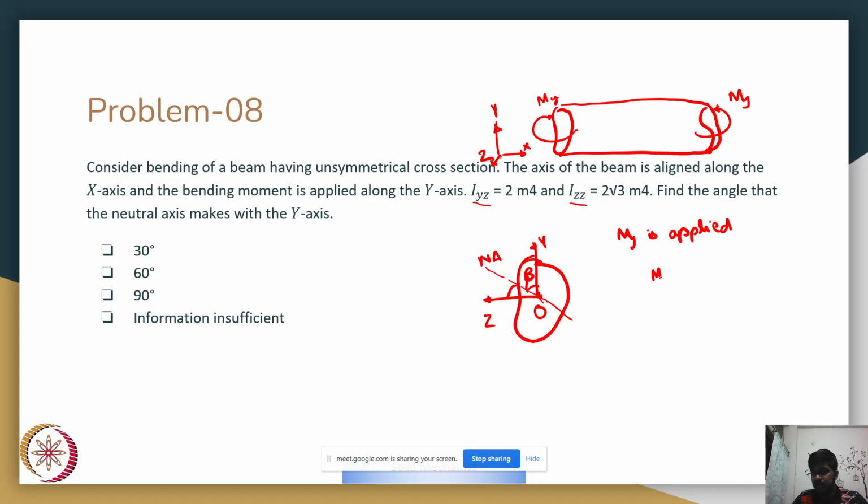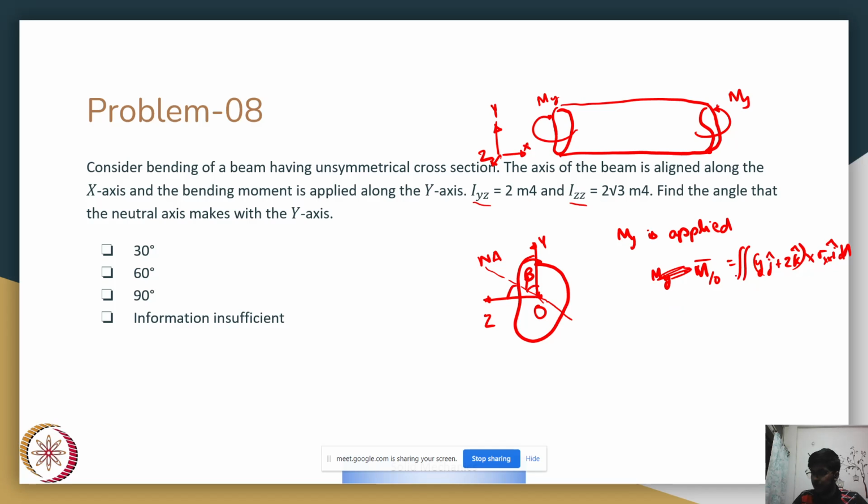We know that in this particular case, if we calculate the moment about the centroid O, it is nothing but of the form (y j hat plus z k hat) cross sigma xx i dA.